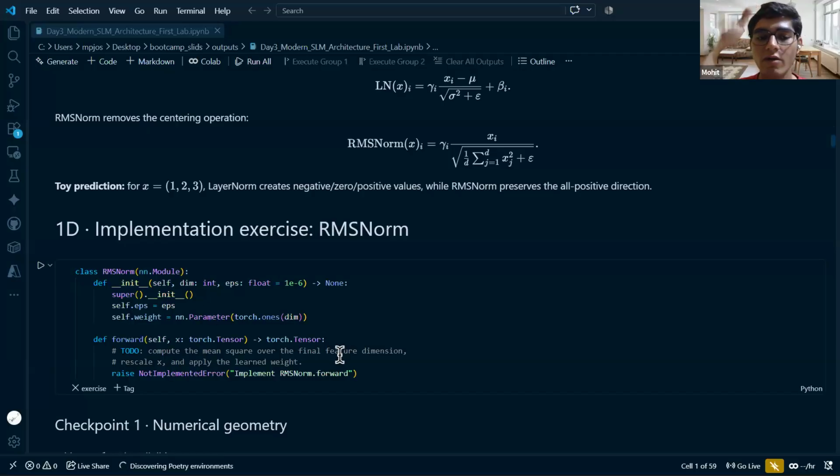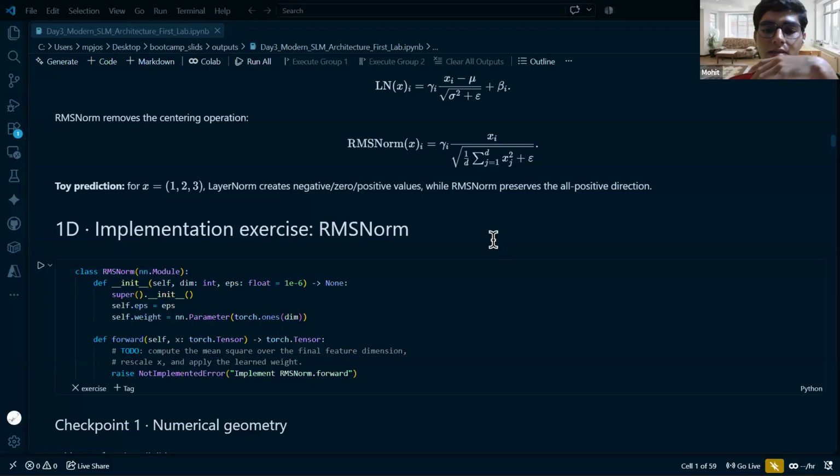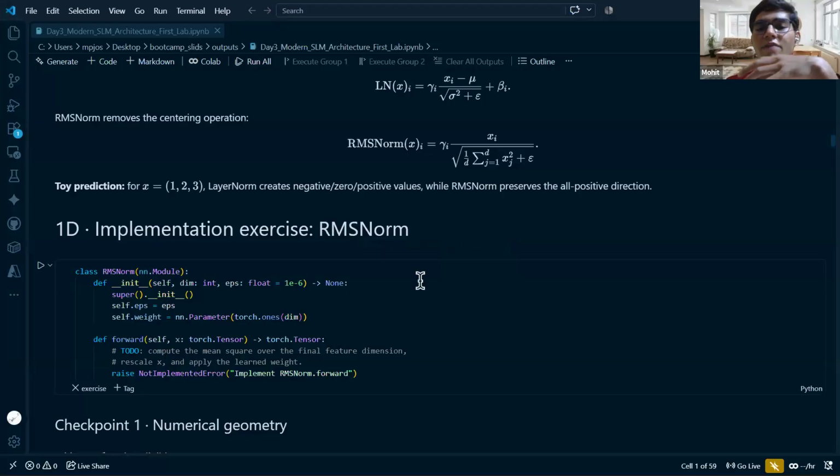Compute the mean square of it. It's fairly commented over here, and you just need to understand and intuitionalize this equation and convert it into code. I take this method whenever I'm learning a concept: I take a look at the equation and try to write it down in some form.